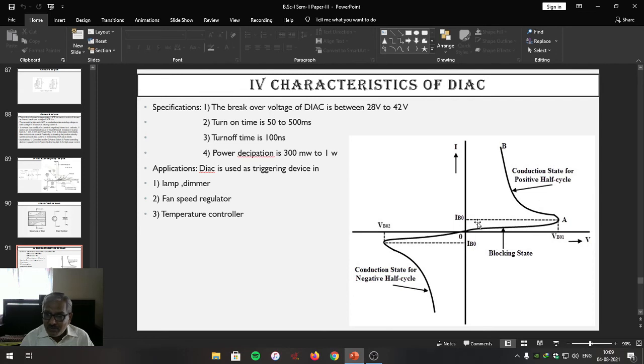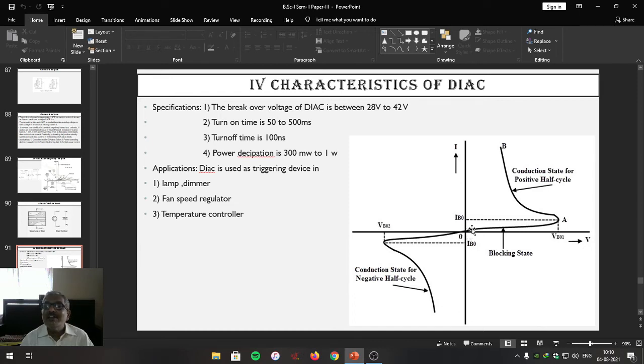For MT1 positive and MT2 negative, we get IV characteristics in first quadrant. For MT2 positive and MT1 negative, we get the same IV characteristics in third quadrant. We know how diac works.